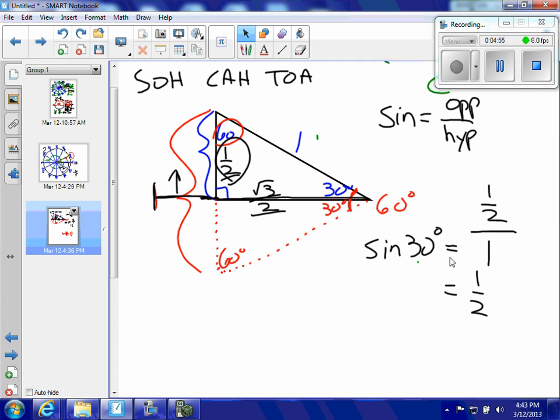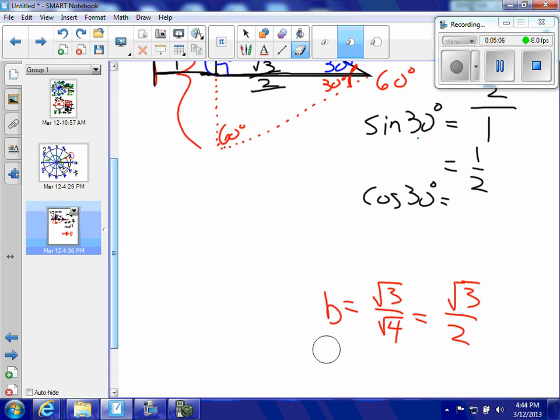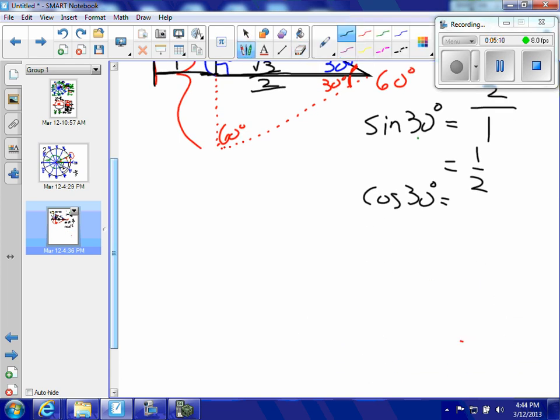What about cosine 30 degrees? Well, cosine 30 degrees is equal to adjacent, radical 3 over 2 over hypotenuse, which is 1.